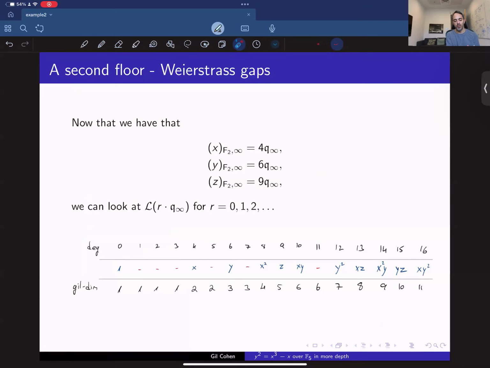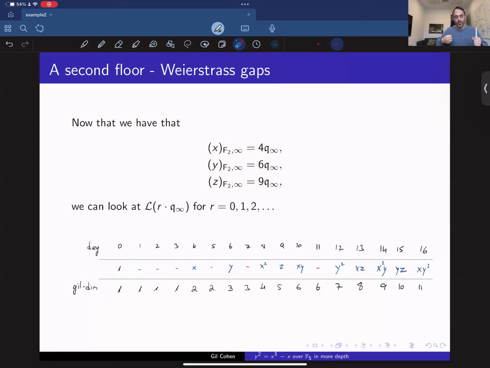And with that, we can compute elements in the Riemann-Roch space of R times Q infinity for increasing values of R. So here I wrote the degrees, R. Here I wrote the dimension that I was able to find.